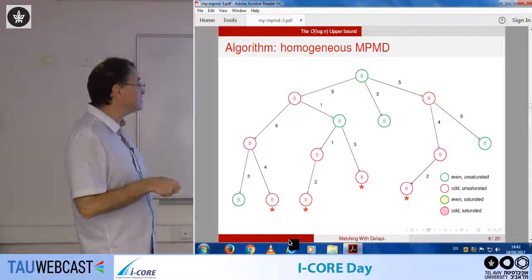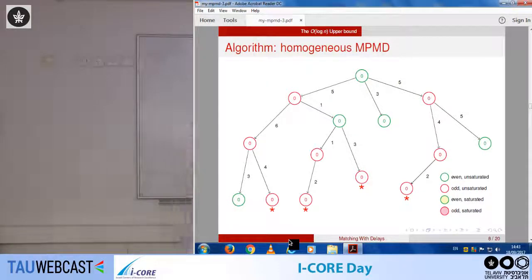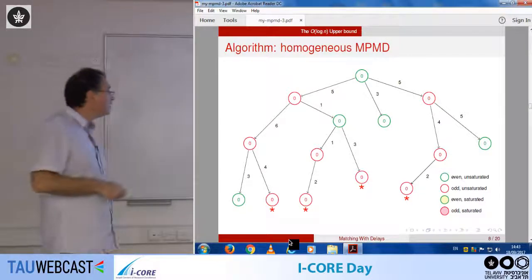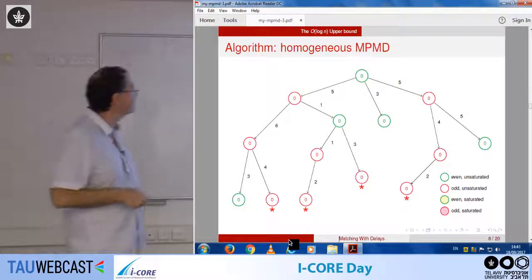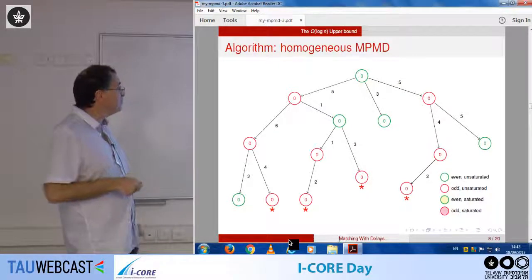But this, for example, is even because it has 2 requests in its subtree, and so forth. You don't see the colors very well, but you can still see the difference between the yellow and the other color. So there are the odd and even.